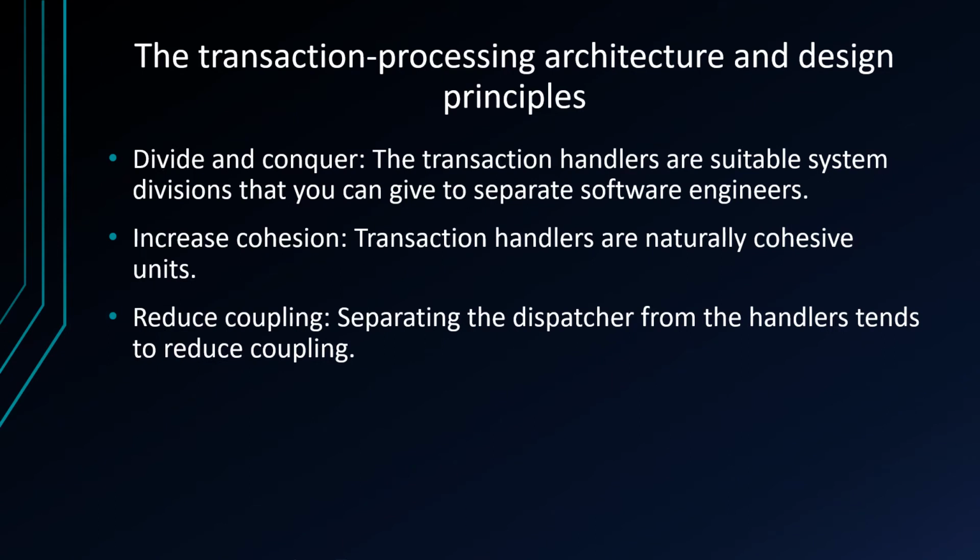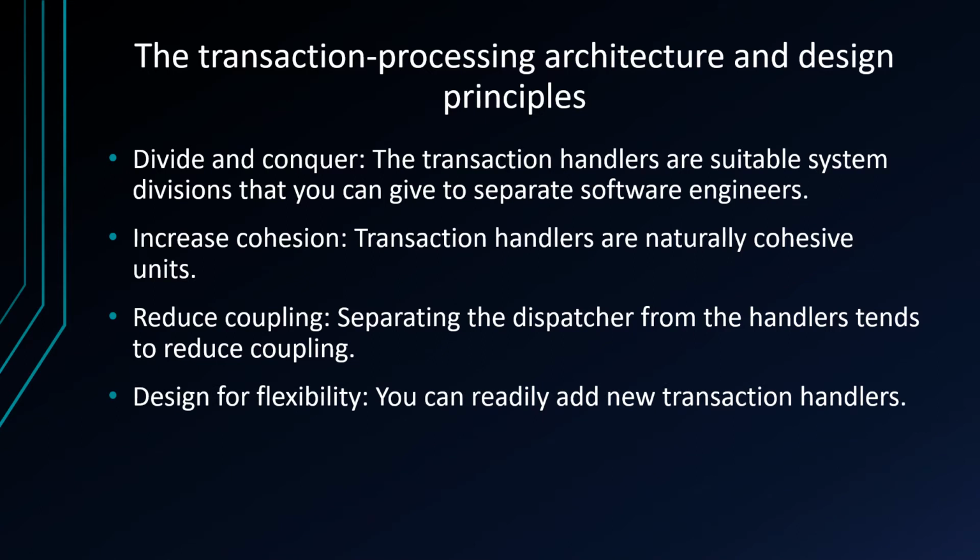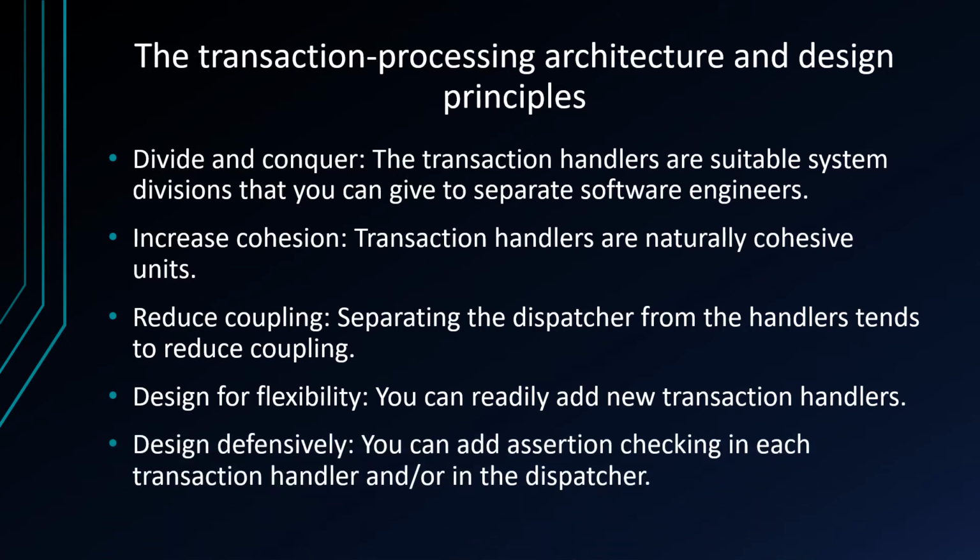Reduce coupling: separating the dispatcher from the handlers tends to reduce the coupling. Design for flexibility: we can readily add new transaction handlers. Design defensively: you can add assertion checking in each transaction handler or in the dispatcher.